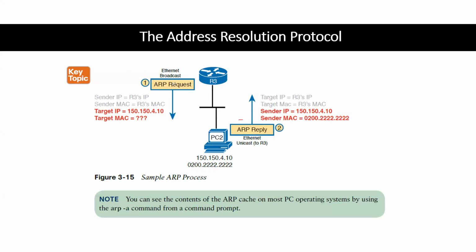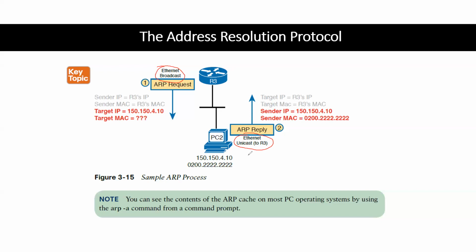We have an ARP request and an ARP reply. I'm going to clear that out real quick. And so notice the type of frame that's sent out. The ARP request is a broadcast.